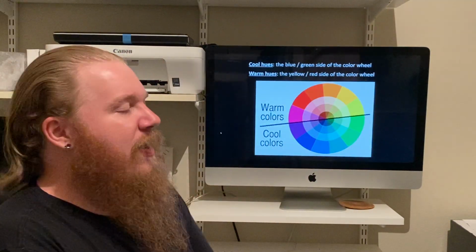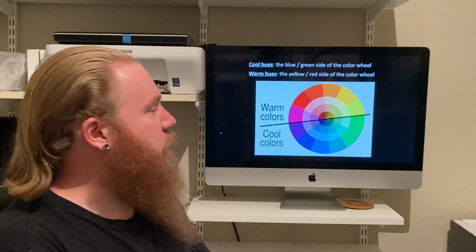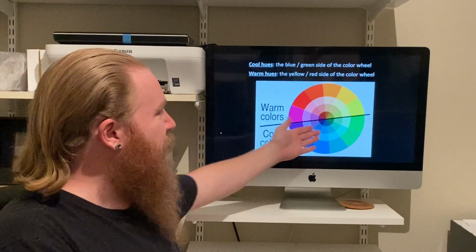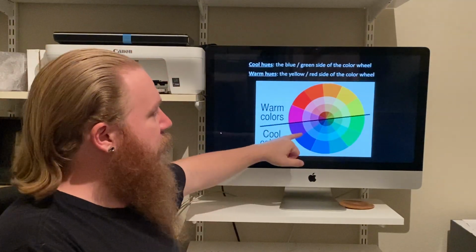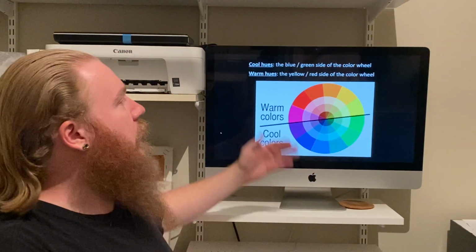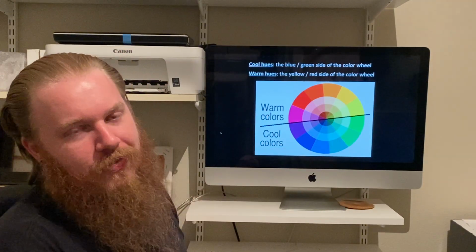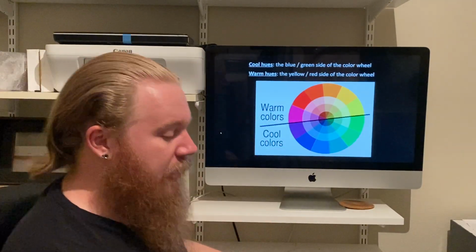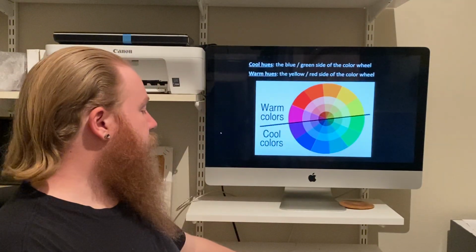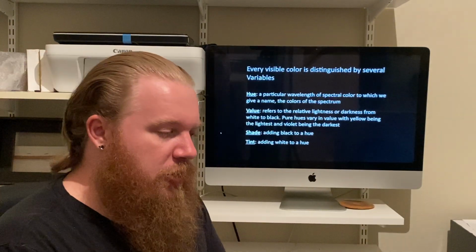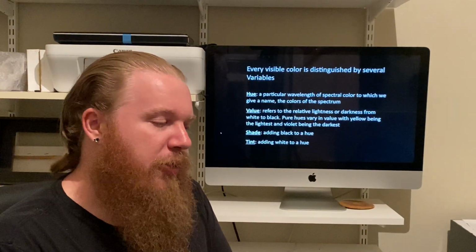So obviously we have cool hues and warm hues. So cool hue refers to any color between green and violet on the color wheel. And warm hues likewise between red, violet, and yellow there. So pretty basic, pretty standard there. But every visible color is distinguished by several variables.